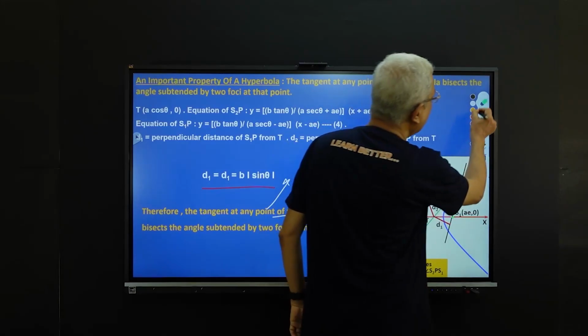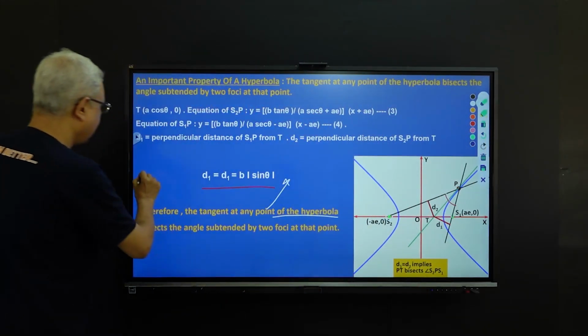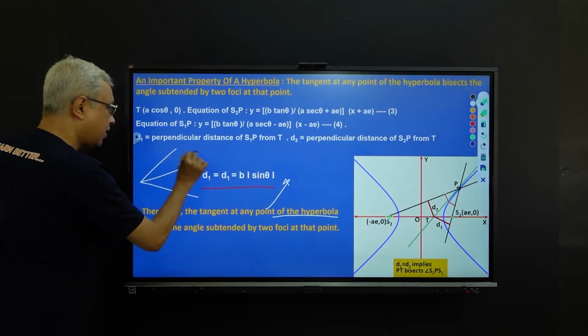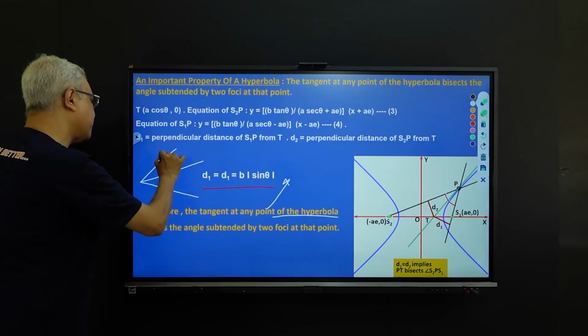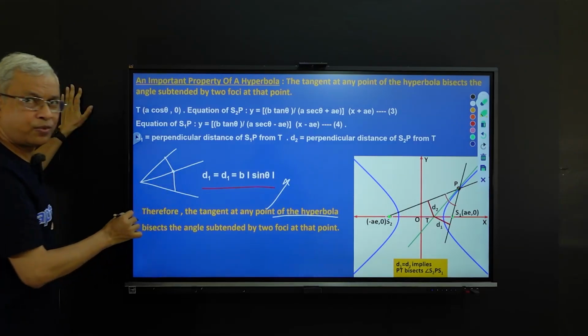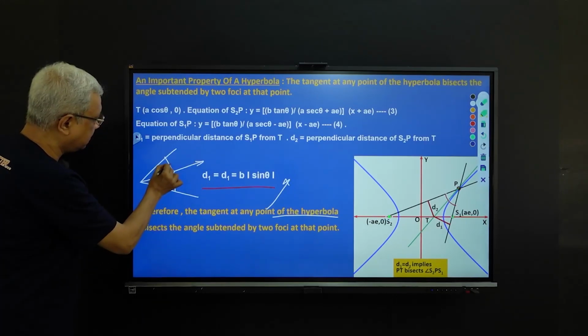Okay, it's because you know in case of an angular bisector, if you take any point on the angular bisector and drop a perpendicular from this point, then this distance is equal to this distance.